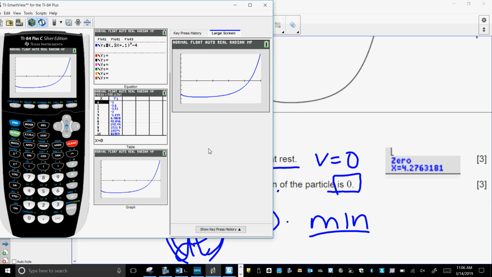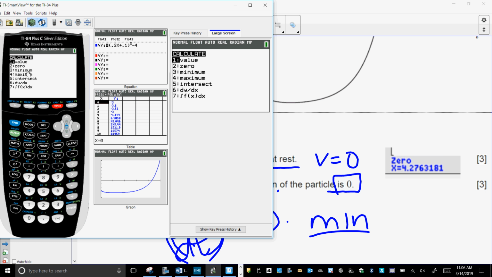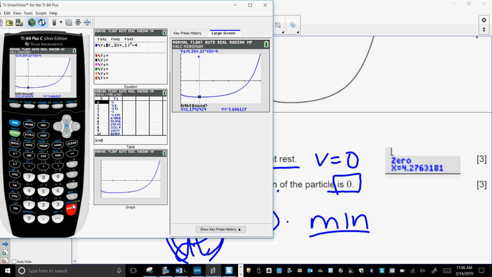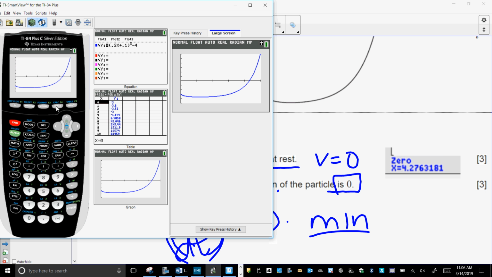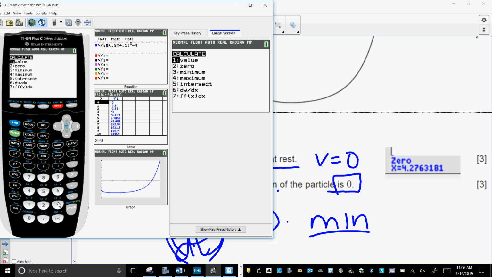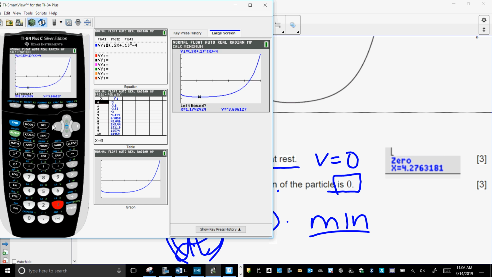So we can go back to our calc and do calc minimum point. Oh, what have I done there? Quit. Oops, oh my gosh. There's our graph. So calc minimum. So left bound. So we have to go somewhere on the left of the minimum point, somewhere on the right.